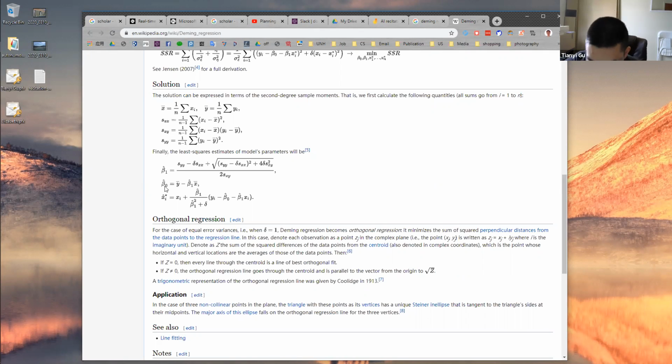Step 4 is basically to go to step 2 until the line does not change, meaning you find the same line as in the previous iteration.